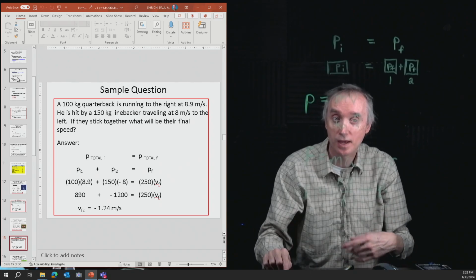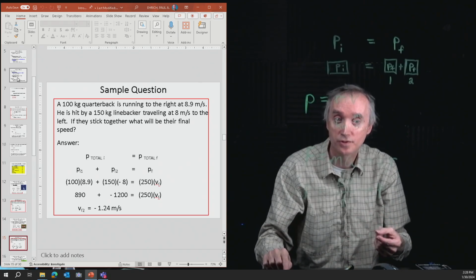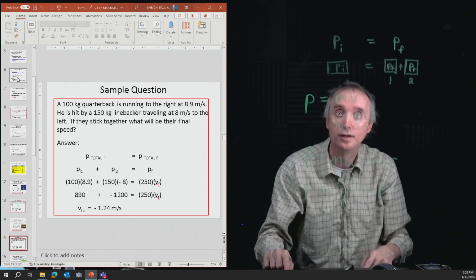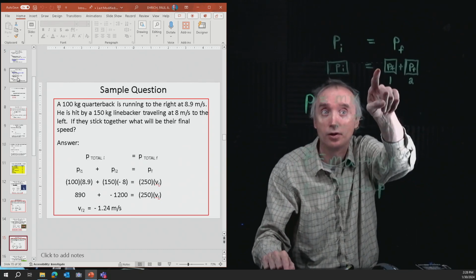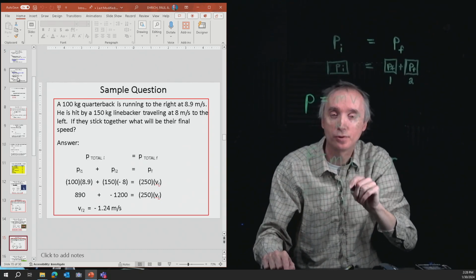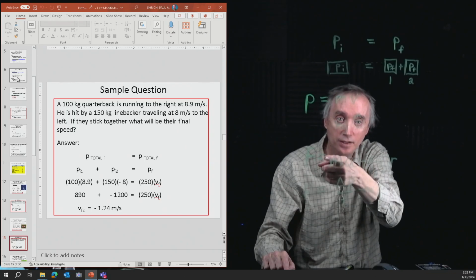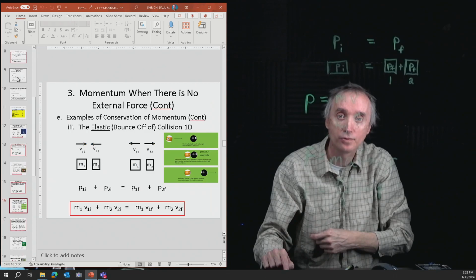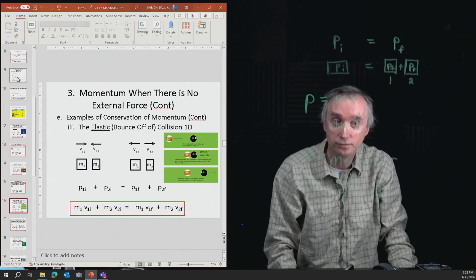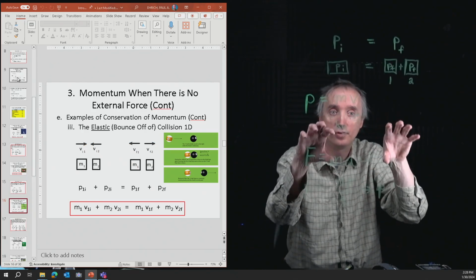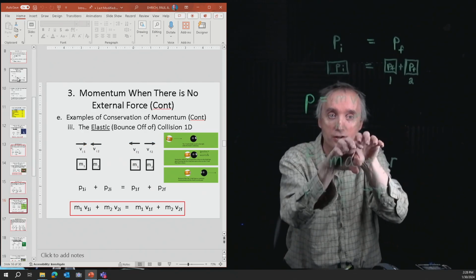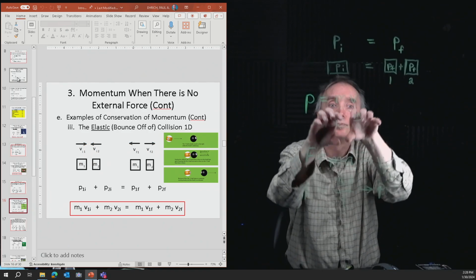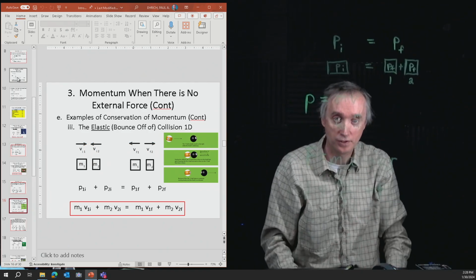So that is case number 2. Case number 1 is the explosion. Case number 2 is the inelastic collision. And case number 3 is the elastic collision, where you've got two things that are going to crash into each other and then bounce off of each other.